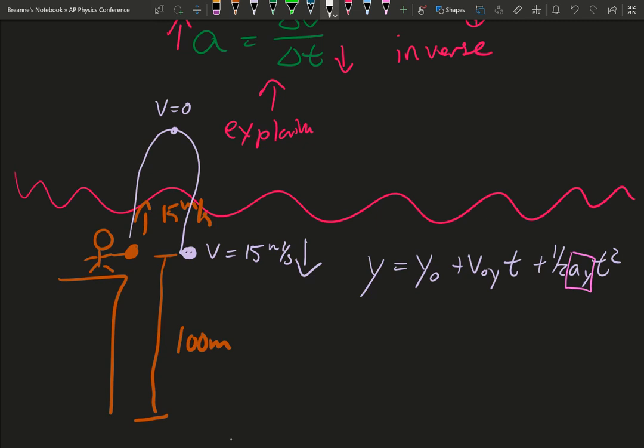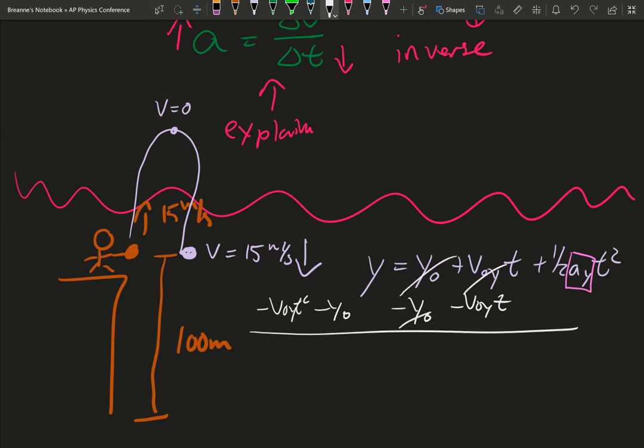So that's going to mean we're going to end up subtracting that over. So we get y minus vy naught t minus y naught equals 1/2 ay t squared.